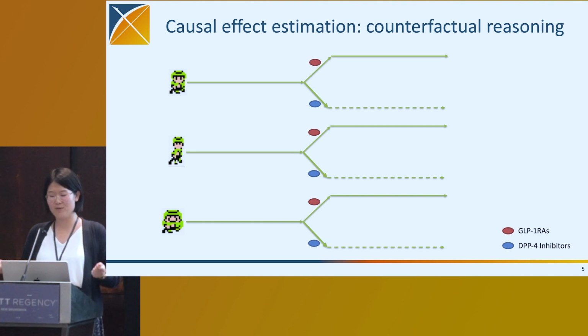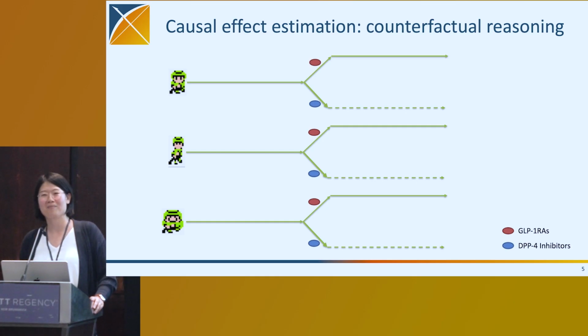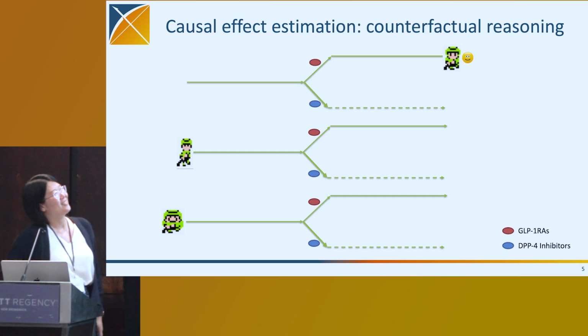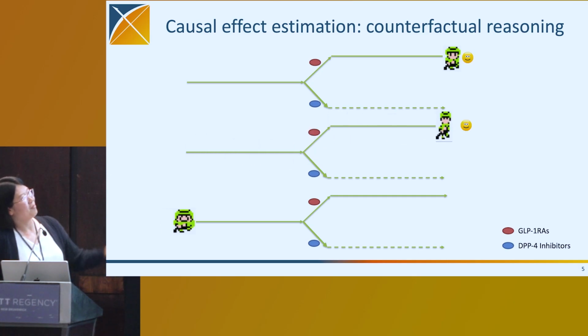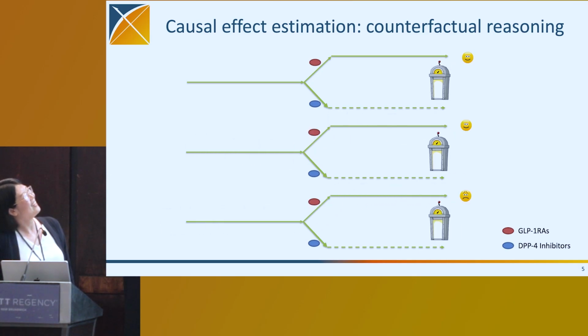We're interested in two drugs. Wouldn't it be ideal if every individual in my cohort can take one drug and I look at the outcome, and I also send the exact same person to be on a different treatment and observe their outcome? I'll let the cartoon help better explain what I mean.